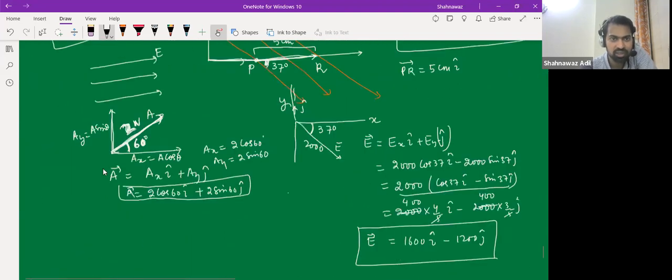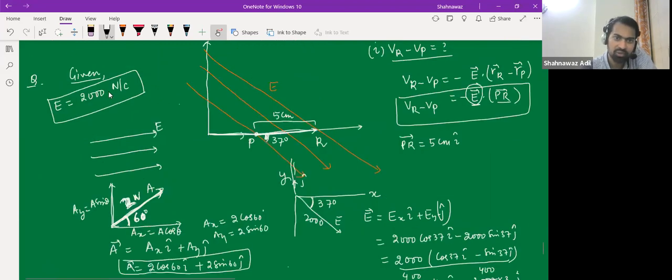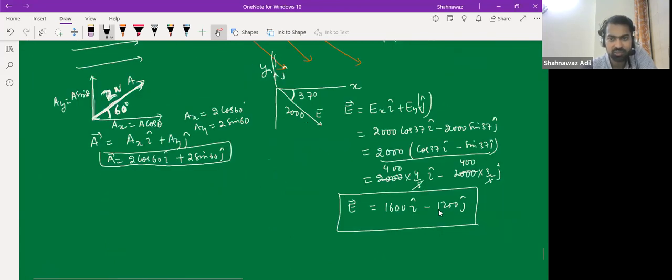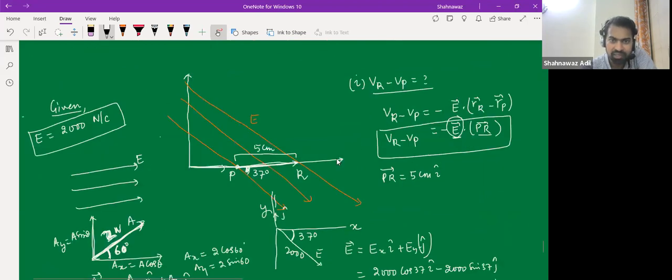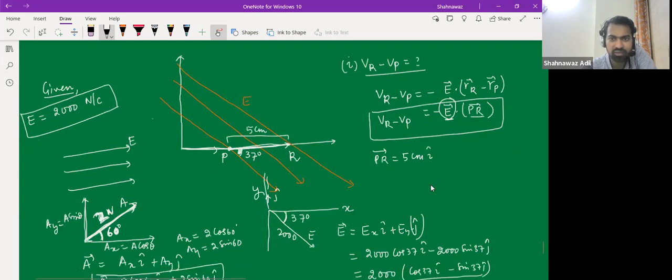In this part only the magnitude and the angle were given, so we needed to calculate the electric field in this manner. This was the first trick. And the second was, they also didn't give the points P and R, they just gave the magnitude of PR. So this was the idea of this question.